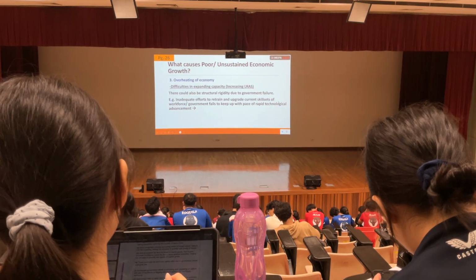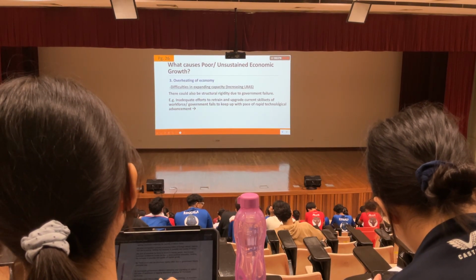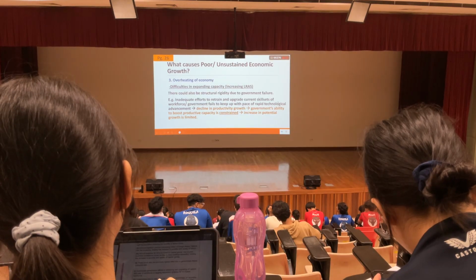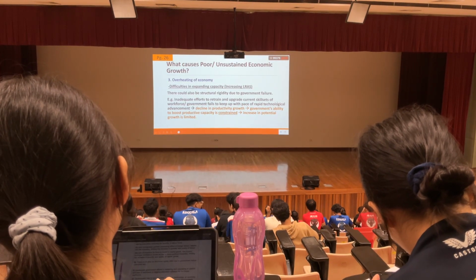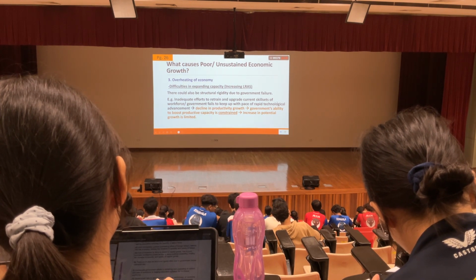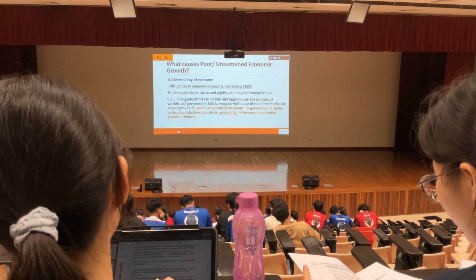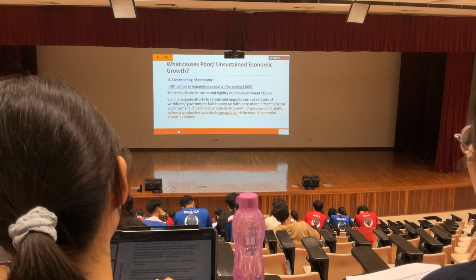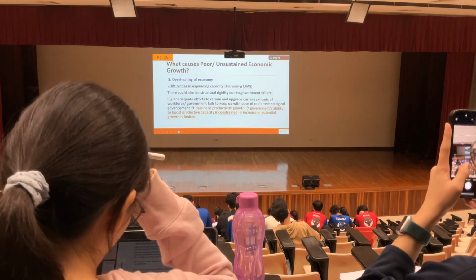So the government fails to keep up with the pace of rapid technological advancement. This will result in a decline of your productivity growth. So since the government's ability to boost productive capacity is constrained, this means that your increase in potential growth is limited. Okay?